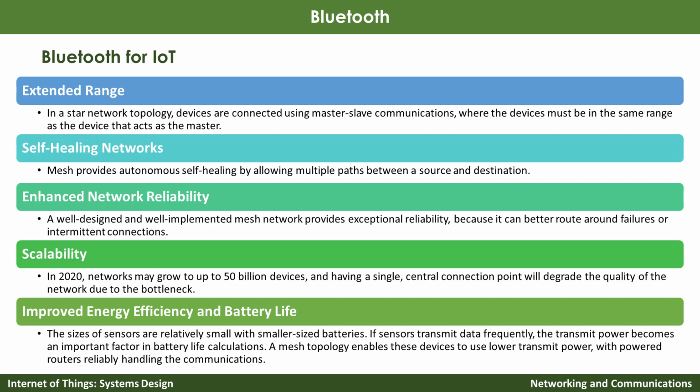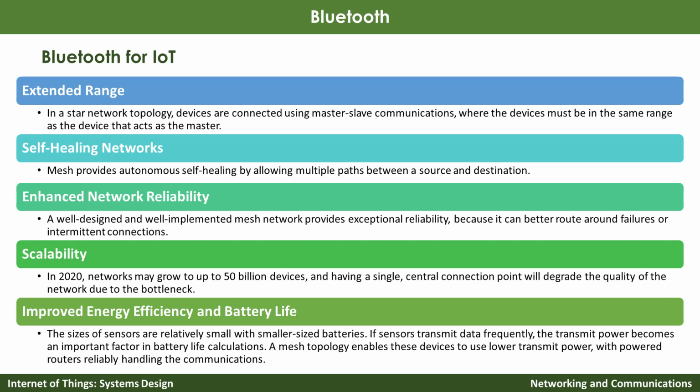Bluetooth technology has a significant role to play in the context of IoT. Bluetooth provides extended range of communication. It can work on a master-slave communication pattern. For example, your smart home hub would be the master, and the appliances could be the slaves. Bluetooth can have self-healing ability because of the mesh network capability.